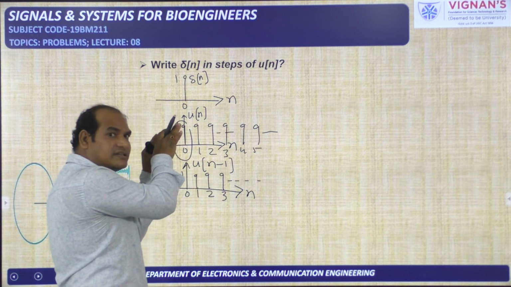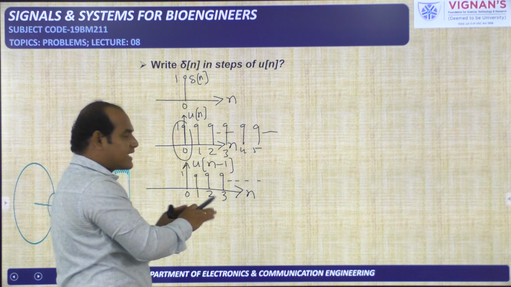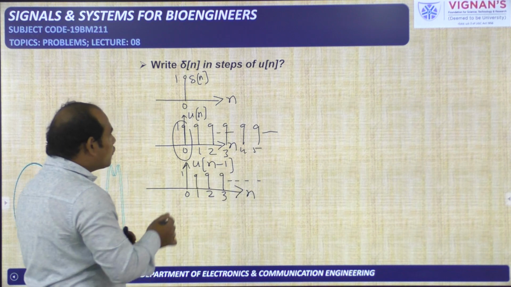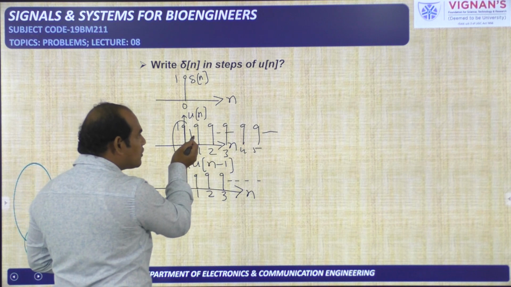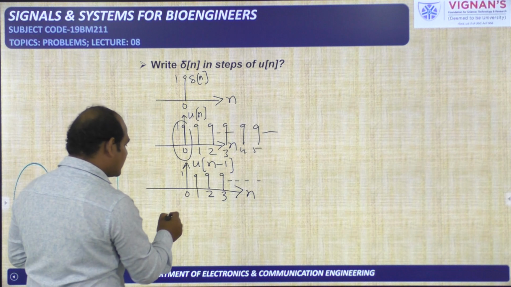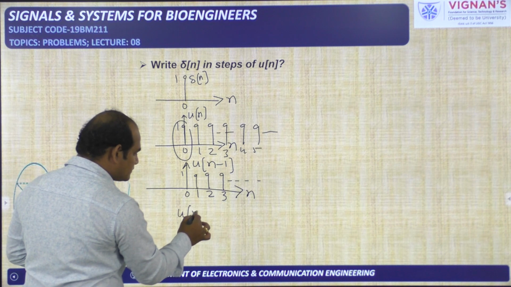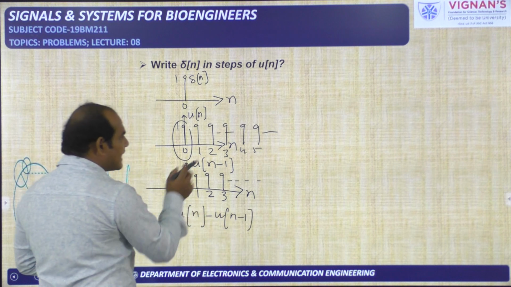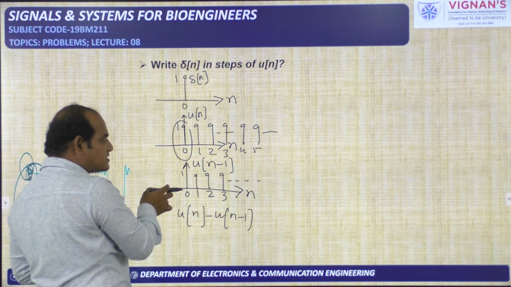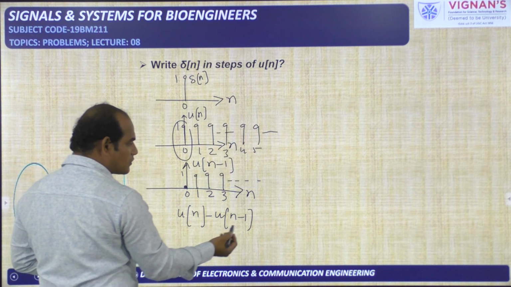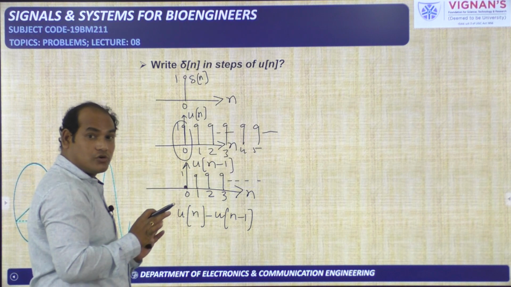If you shift the signal to the right side by 1 second, that is u of n minus 1, you will get this one. Now whatever you don't want in u of n is available here, so you subtract that. Finally you will get u of n minus u of n minus 1. You see here, at n is equal to 0, amplitude is 1. At n is equal to 0, here amplitude is 0 actually. So 1 minus 0 is 1 only you will get, exactly at n is equal to 0.